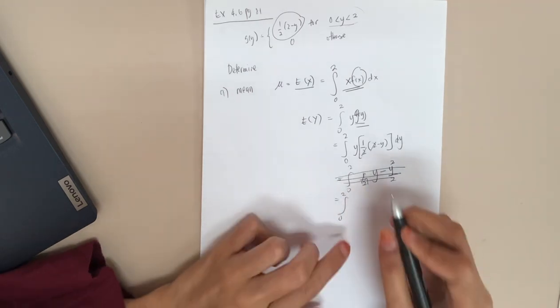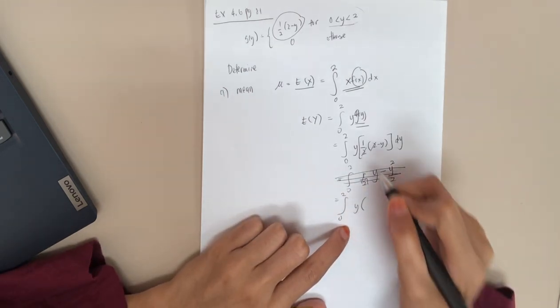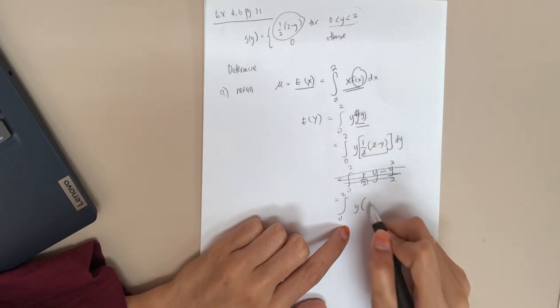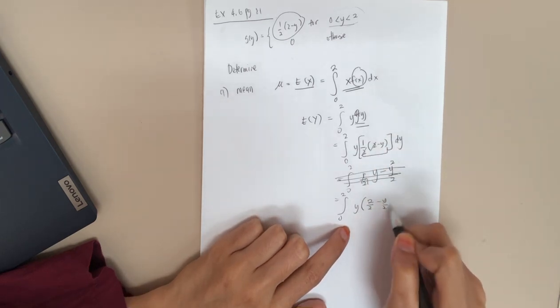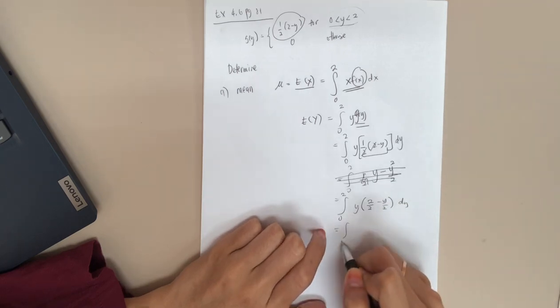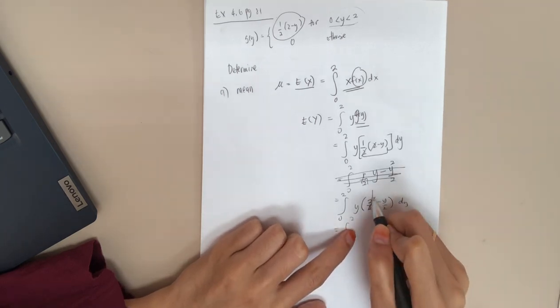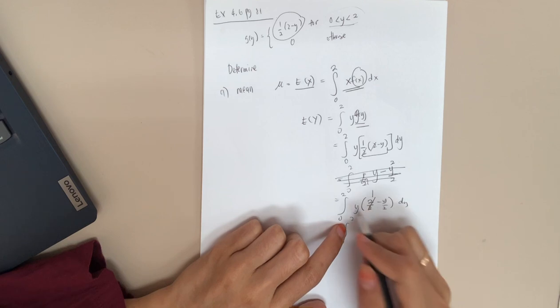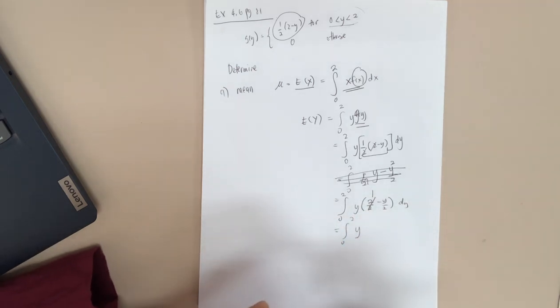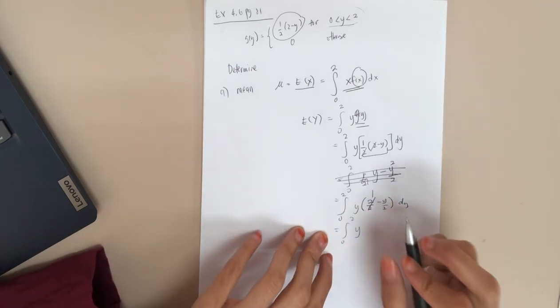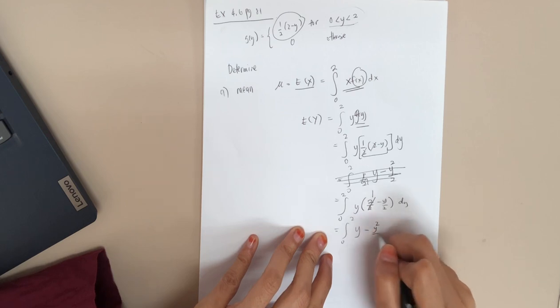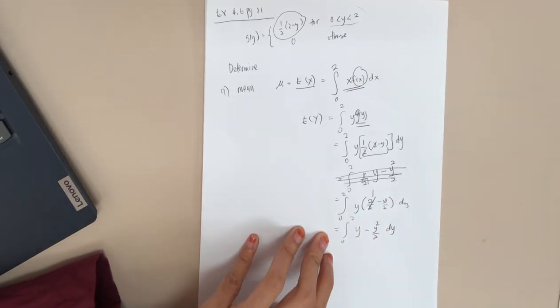To make it clear, we expand this one first. So you will have 2/2 minus y/2, then this one is equal to 1. So 1 times y, you have y, and y/2 times y, we have y square over 2.